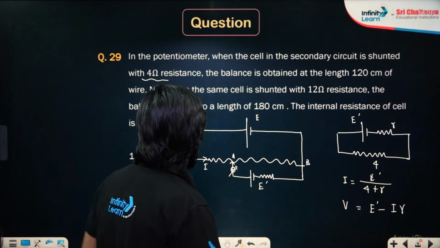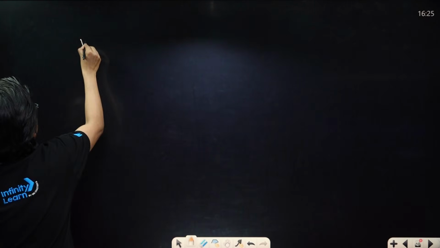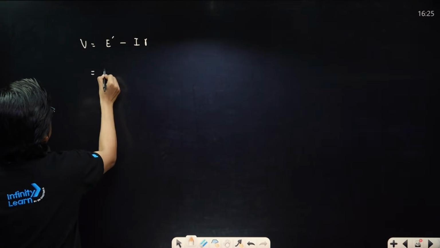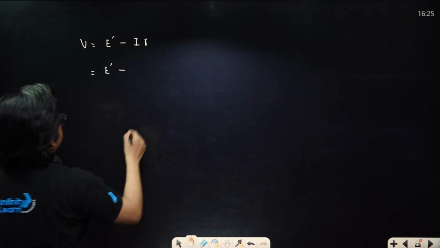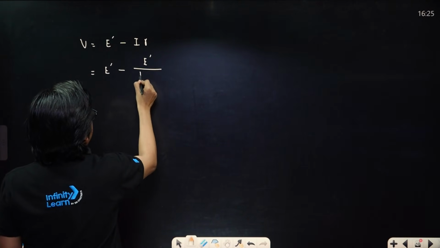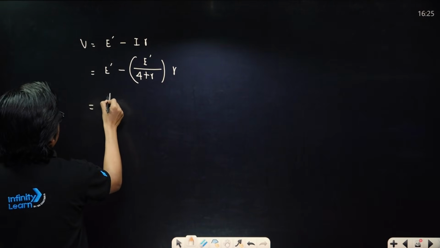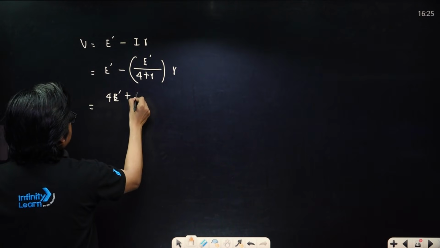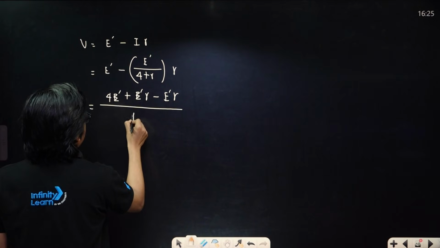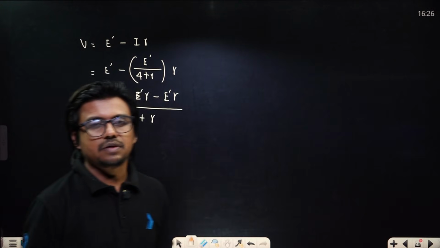So you can write here E dash minus current, which is E dash divided by 4 plus small r, into r, and now you can write 4 E dash plus E dash r minus E dash r divided by 4 plus r. That is the voltage difference across the terminals of the battery.